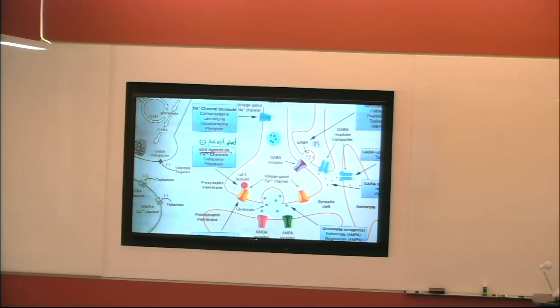Guys, we have two different synapses here. This is one synapse, so this part is presynaptic, postsynaptic. Here, that's a different synapse. So this would be the presynaptic, this would be the postsynaptic. This is just a way to represent how neurons interact with each other. The signals go this way, this is pre, this is post.